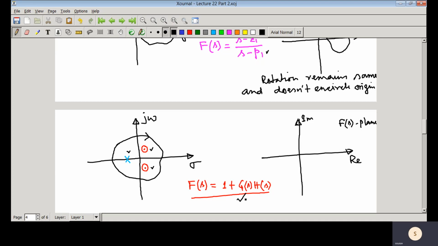Now this particular transfer function has, suppose, two zeros and one pole. Mind that we are not considering whether it is proper or improper; we are just trying to understand what the principle of argument is, because in control systems you will always have a transfer function which is proper or strictly proper. We are not going to consider improper transfer functions, but in this particular case we are just trying to understand the principle of argument.